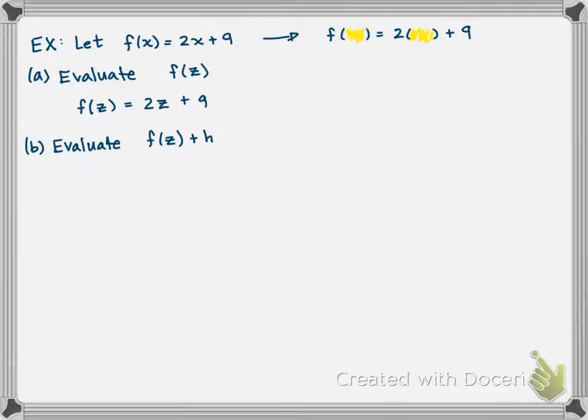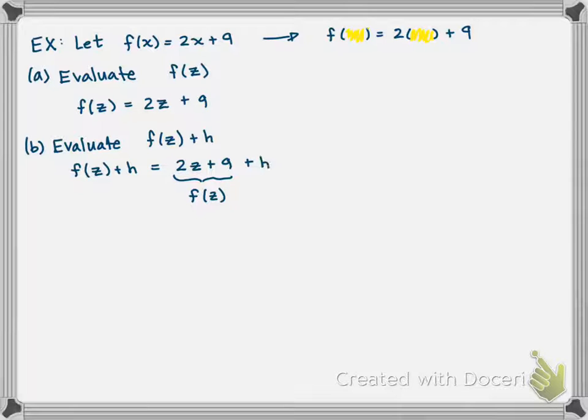So f of z is the same as what it was in the previous problem. So f of z plus h equals 2z plus 9, and this is my f of z. Then it's just saying once you figure out what f of z is, tag a plus h onto the end.